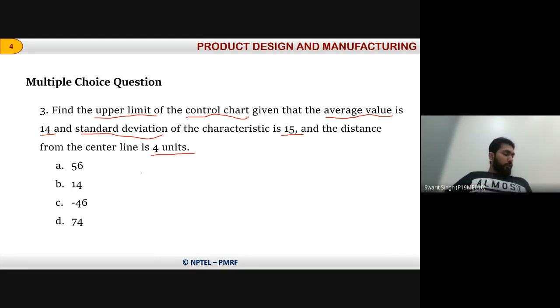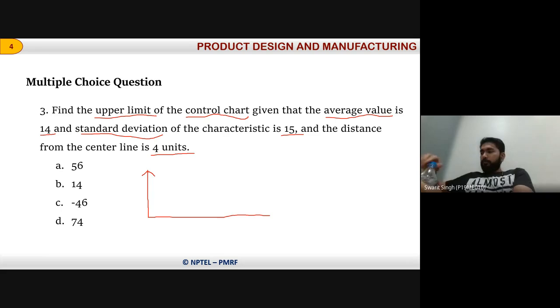For those who don't know what a control chart is, or haven't studied it, I'm just drawing a sample control chart. With respect to time, or with respect to the number of samples, we take readings. Suppose we are a manufacturer of some bottle cap.